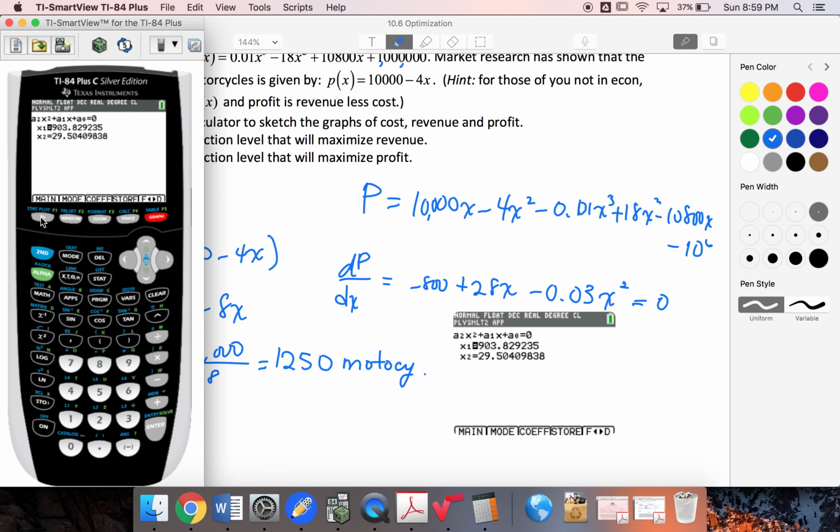So let me go back to main and quit. All right, and let's go ahead and do 903, store that as A, and then I could do my profit function: 10,000A minus 4A squared minus 0.01.